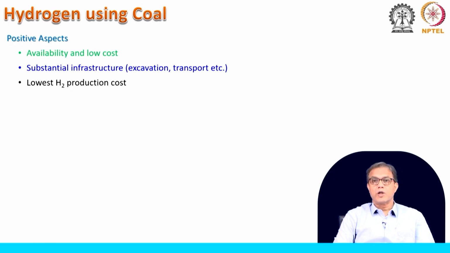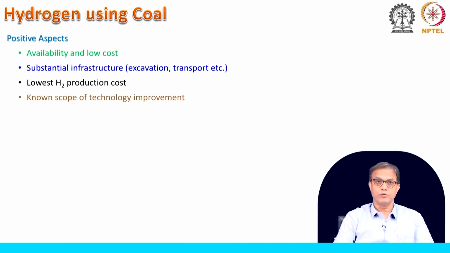At this moment, the production cost of hydrogen using coal is the lowest. So, low hydrogen production cost and low coal cost are the two attractive features for generating hydrogen using coal. The technologies that need to be improved, and the limitations of hydrogen generation using coal, are also known to us.